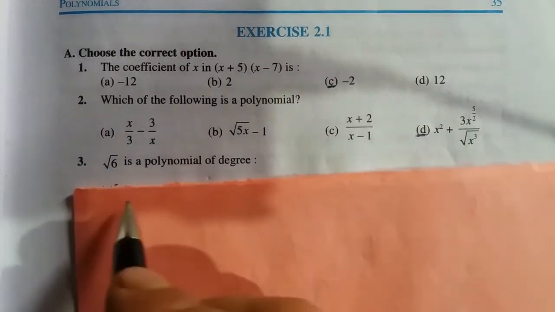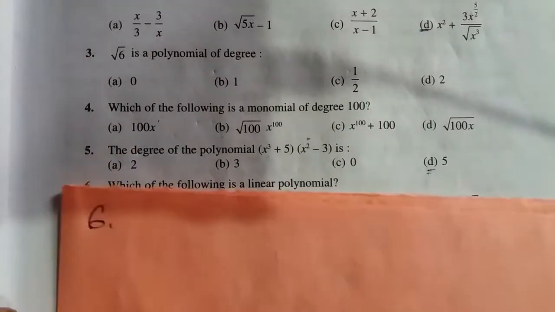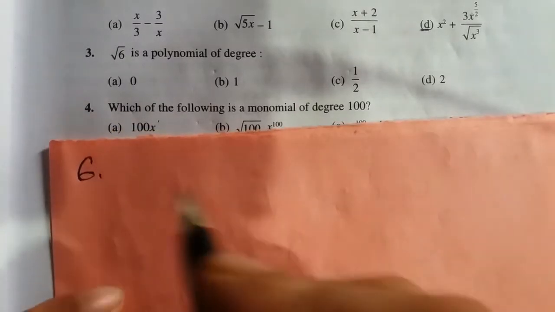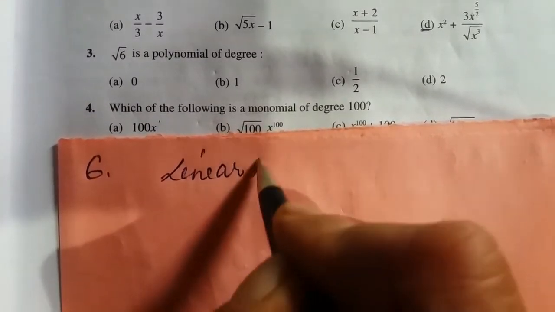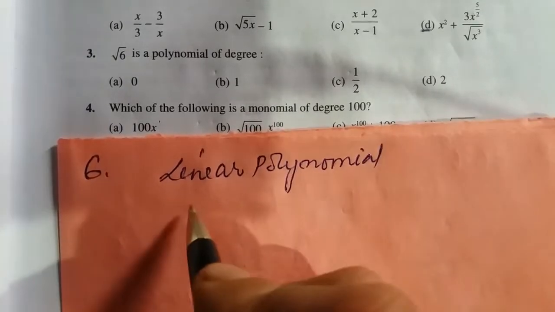Question number 6. Which of the following is a linear polynomial? Now let's again recall what a linear polynomial is, what a quadratic polynomial is, and what a cubic polynomial is.